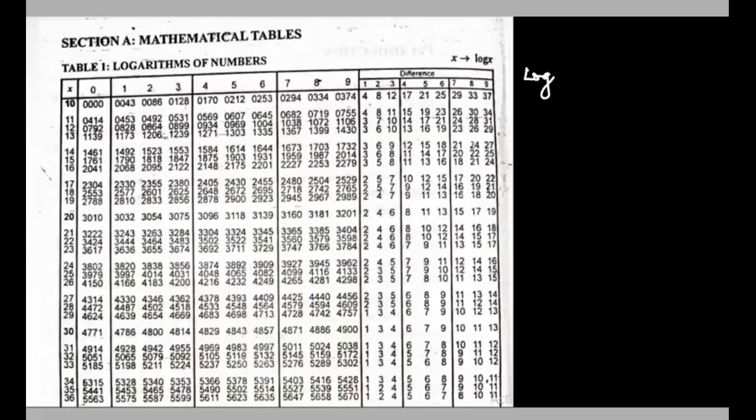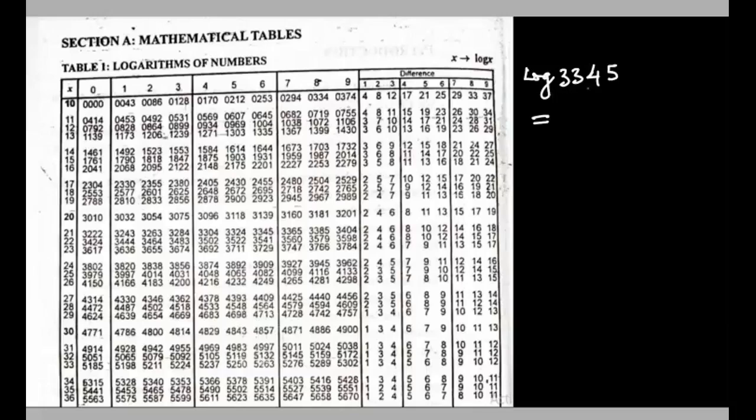First of all, let's write it down here. The log of 3345 is equal to, first of all, I need to determine the characteristic of this number. I think we've done how to find it.